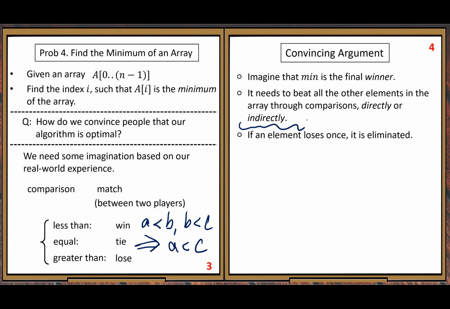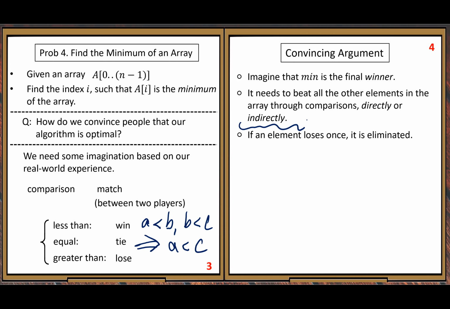If an element loses once, it is eliminated, because we don't want to play extra games. If one element loses to a player, that element cannot be the winner, right? Our goal is to find a winner.